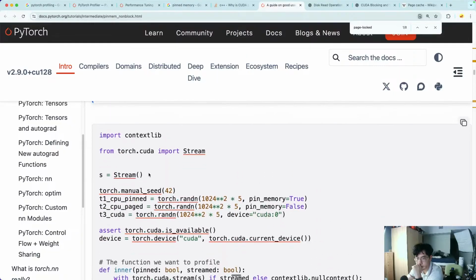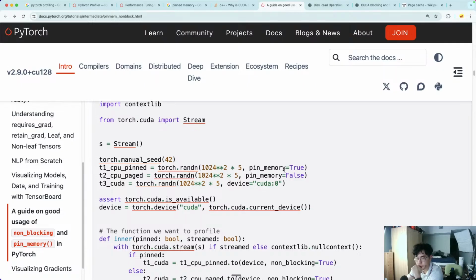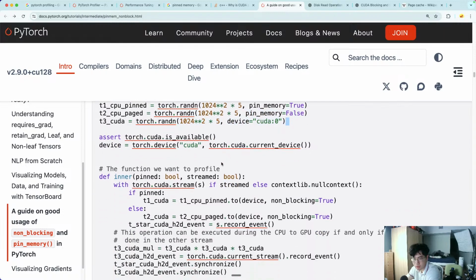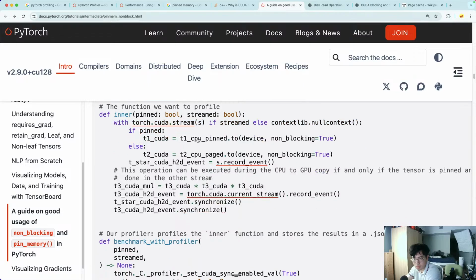So here what we're doing is we're initializing the stream, pin memory, so this will always exist in RAM, this will not, and this is some tensor that exists on a CUDA device, and we are moving it to GPU and then doing some matrix multiplication.